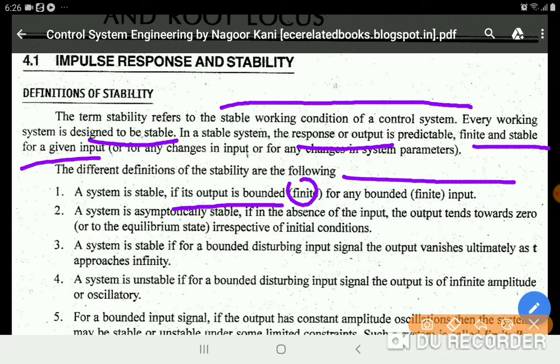Then the second definition: a system is asymptotically stable if, in the absence of input, the output tends to 0, irrespective of the initial condition.